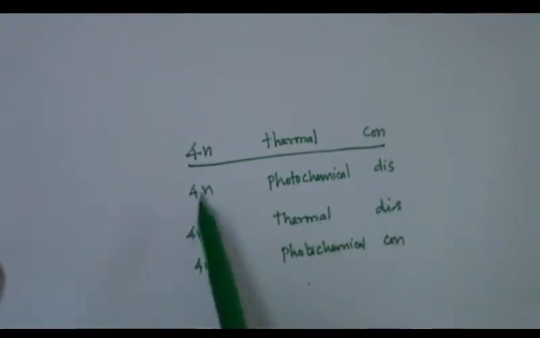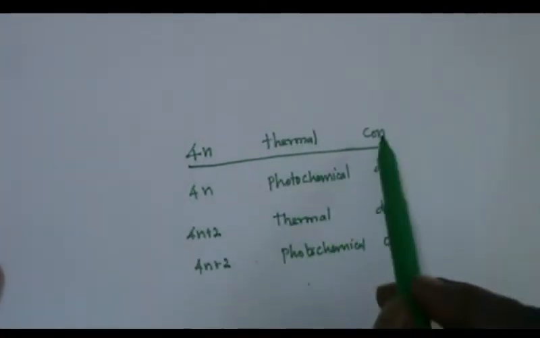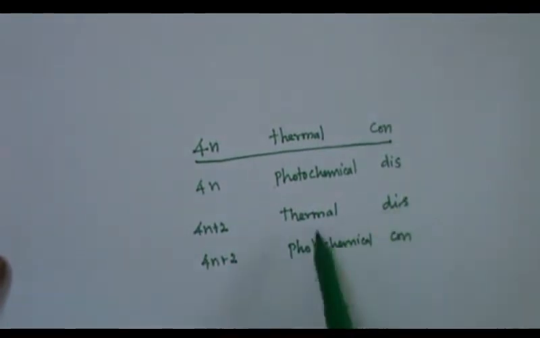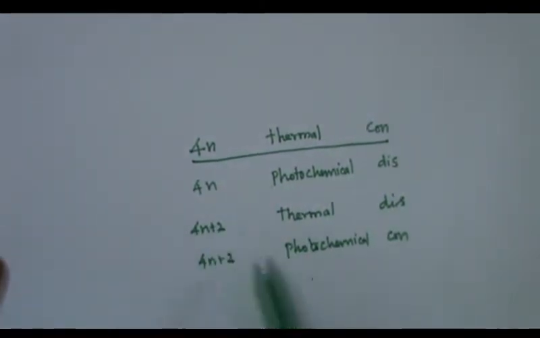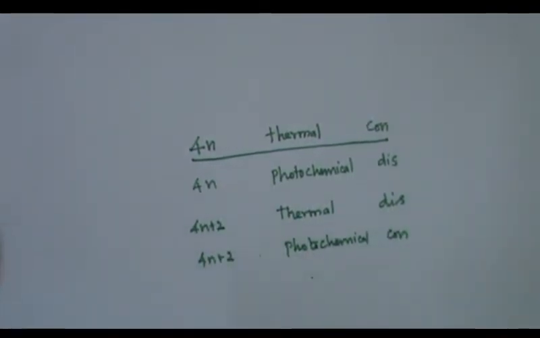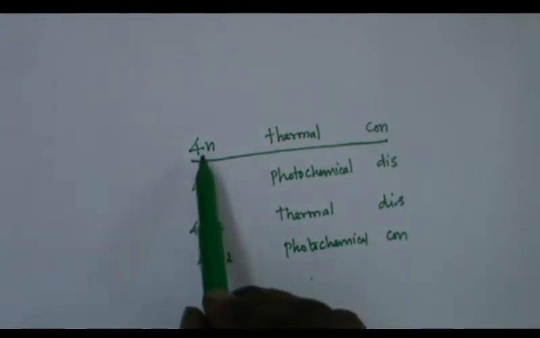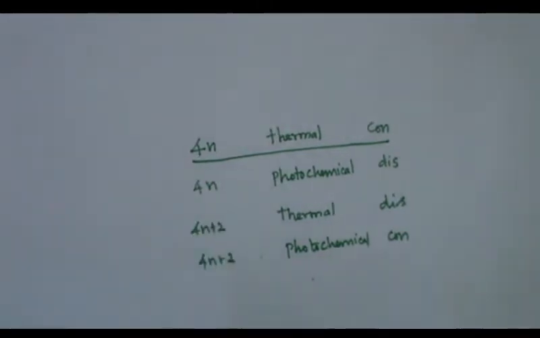Now 4N plus 2 system, since under thermal it is con, it should be dis. Now you can compare these two and you can find out what is the condition and whether it is conrotatory or disrotatory. If you memorize all 4, it will be confusing in the exam. So just remember only one and practice to write the other thing.